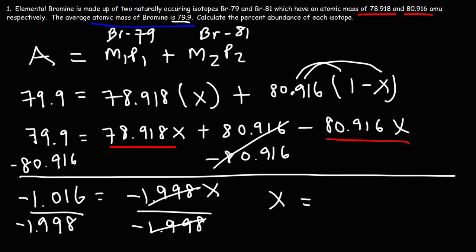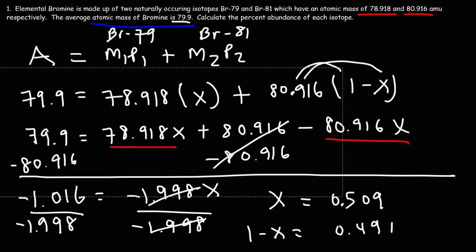So negative 1.016 divided by negative 1.998 gives us 0.509. So that's equal to x. 1 minus x, that's going to be 1 minus 0.509, which is 0.491.